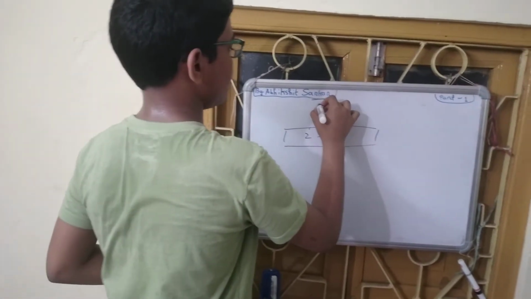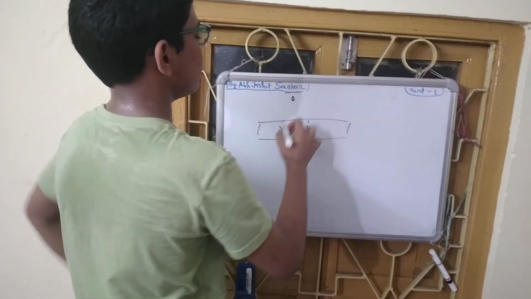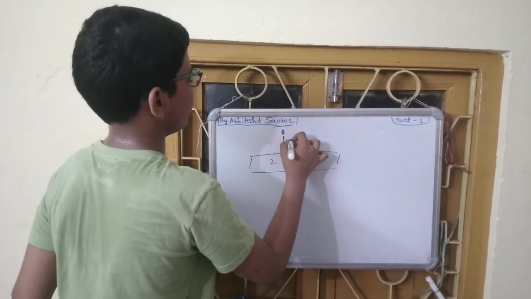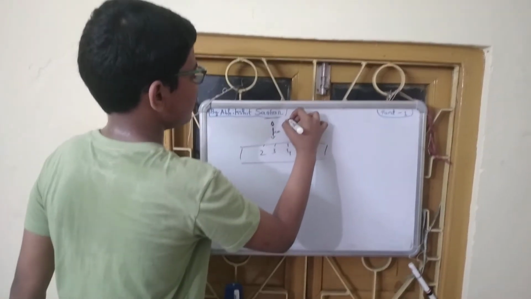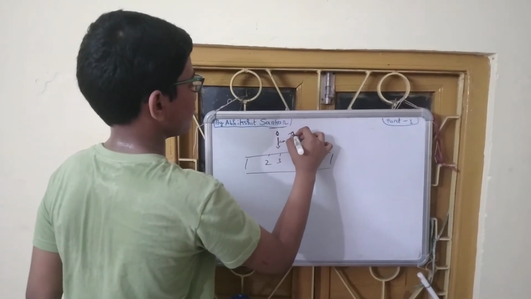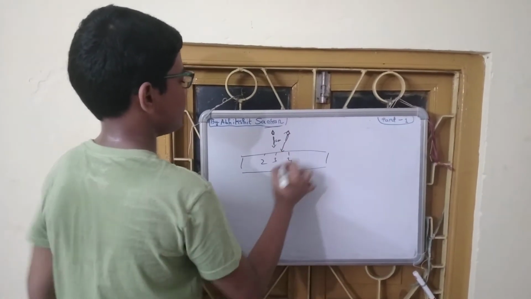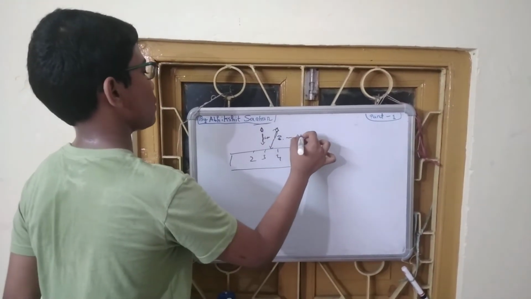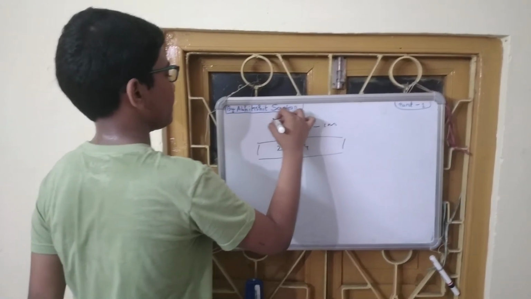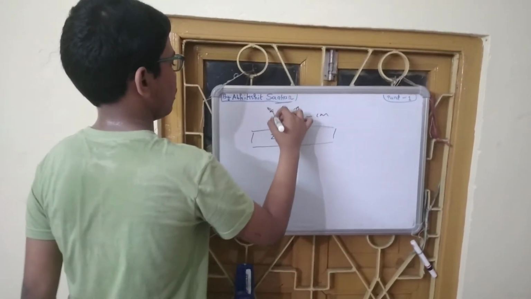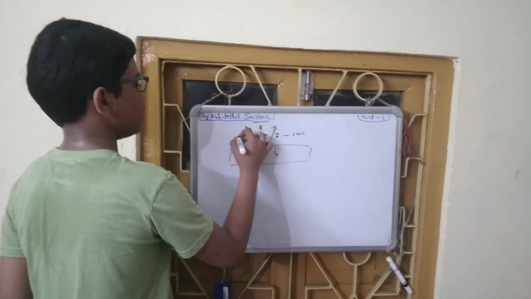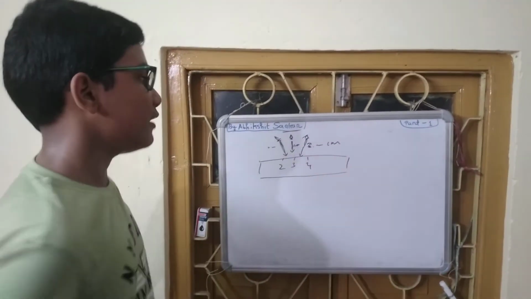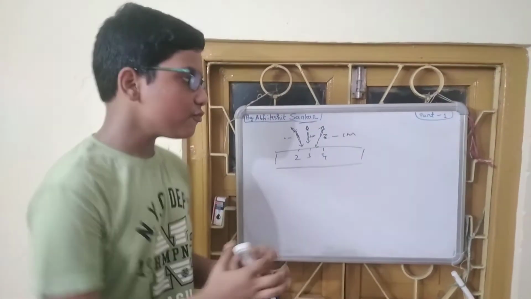If we look from just above the object on the scale, we can see 3 centimeter. If we look from here, we can see 3 point something centimeter, and if we look from here, we see 2 point something centimeter. This is known as error of parallax.